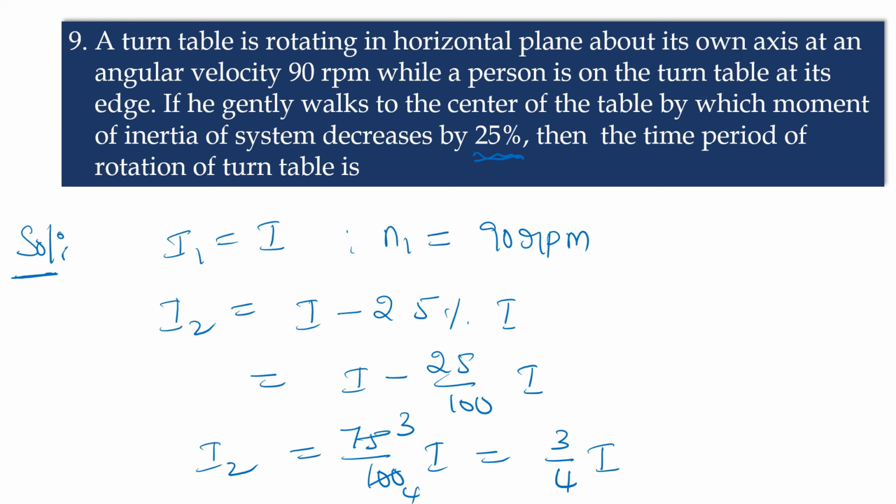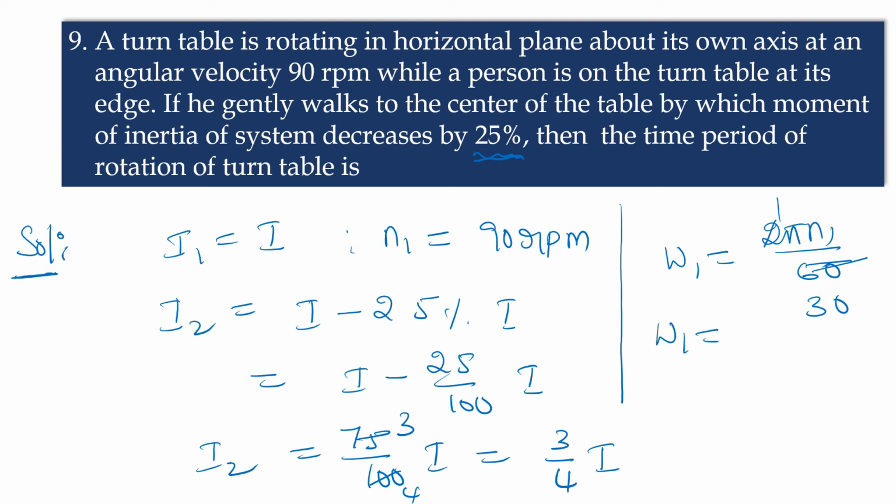Here angular velocity omega 1 is equal to 2 pi N1 by 60. So 2 ones 2, 30. N1 is given as 90 RPM.